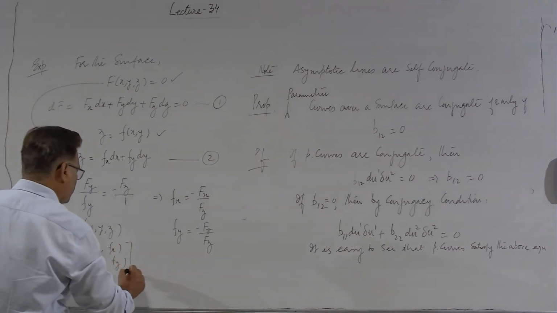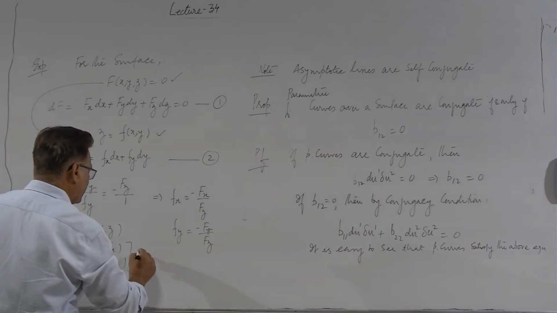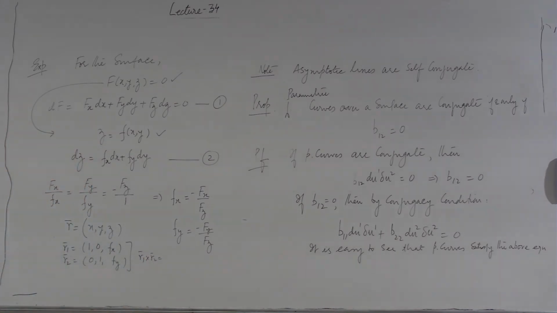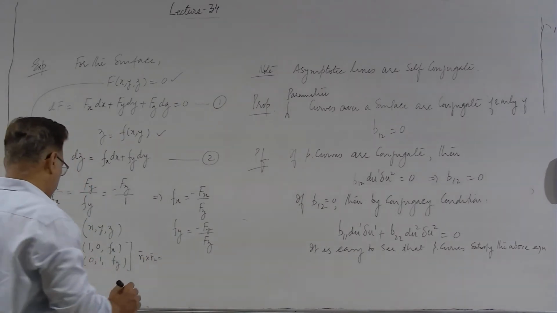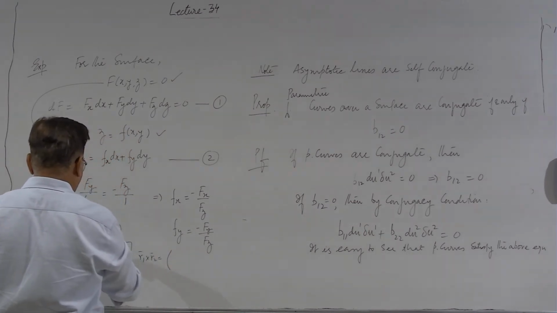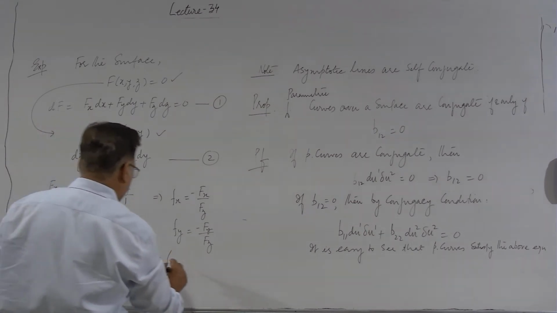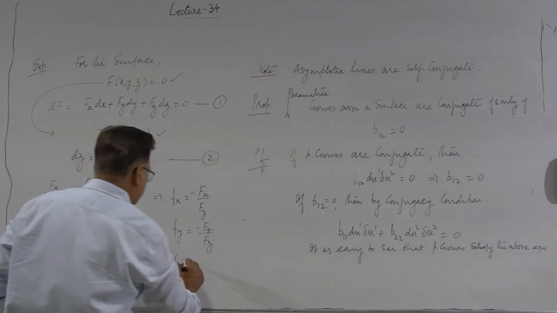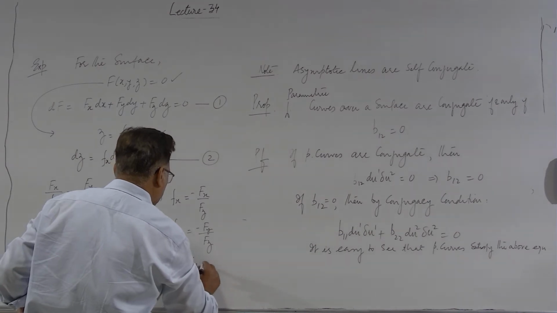Therefore, from these two you can find r1 cross r2, which will give you the normal. So, the normal from here will become (minus f_x, minus f_y, 1).